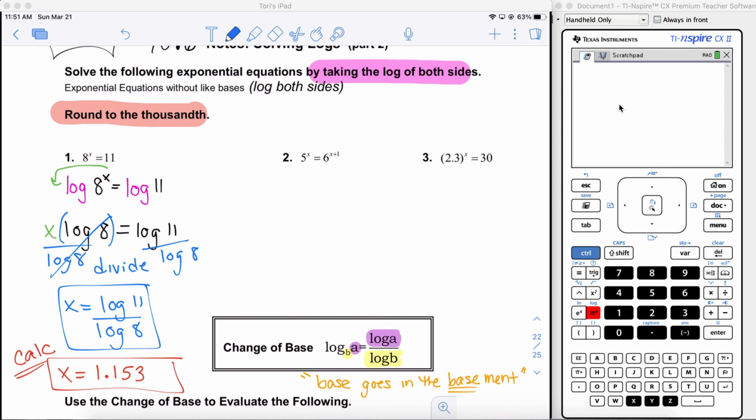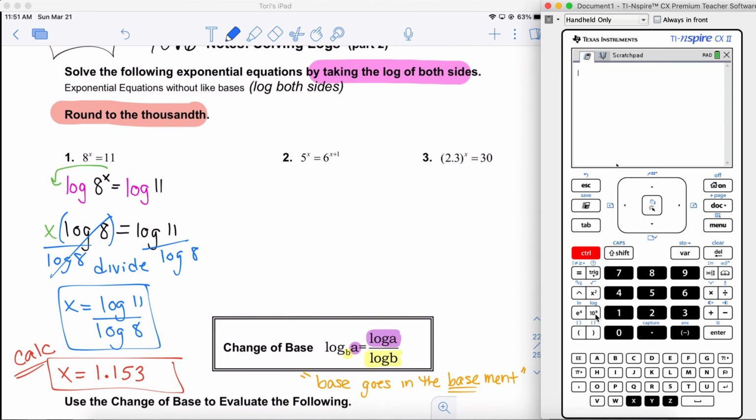Okay, on the Inspire, here's what you will do. You have to remember that it's log base 10. So you will do control x to the 10th, which is control log. You will have to type in base 10 and then 11. You can highlight this whole thing and do control divide, or you can start with a fraction, and I can show you how to do that too.